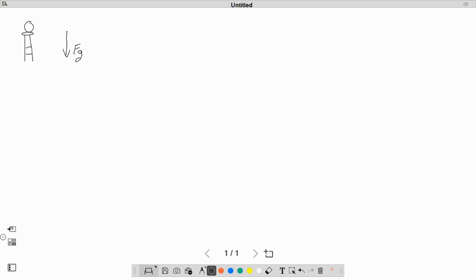So my question is, is the bowling ball going down? Is it accelerating downwards? No, it's just sitting here. So that should indicate to you guys that there's at least one more force that we have not identified. Does that make sense?